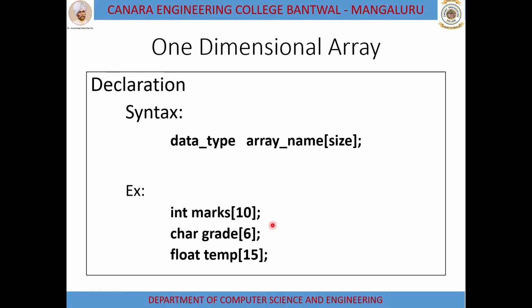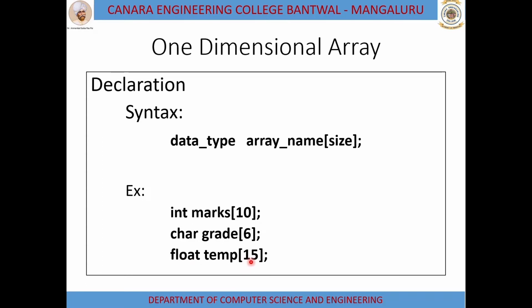Then char grade with size 6 means it's a character array, the name of the array is grade, and it can hold a maximum of 6 characters. Next, float temp with size 15 means I have created an array by the name temp, which is of floating point type, and it can have a maximum of 15 values.